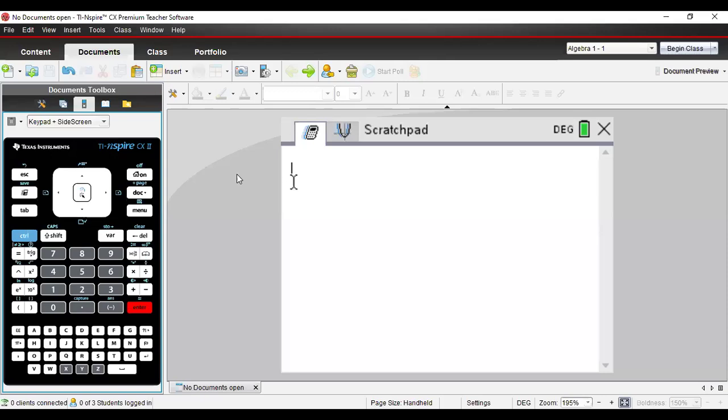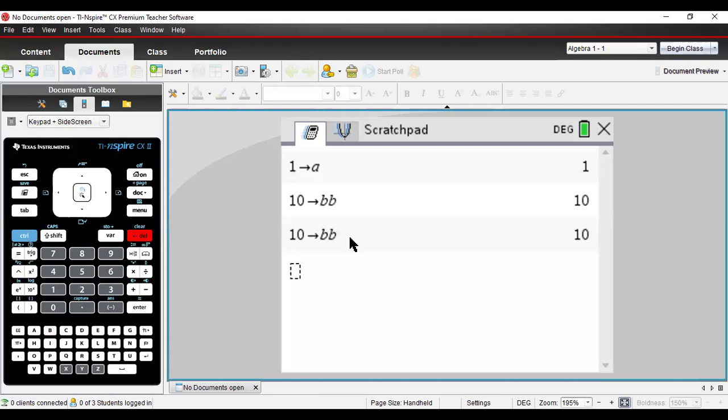I am going to take the A leading coefficient 1, and I'm going to store that into A. Boom. And then I'm going to take 10, and I'm going to store that into B. And then, shoot, let me fix that.